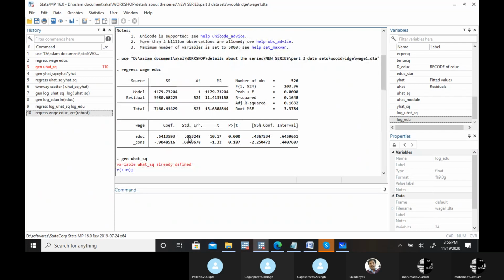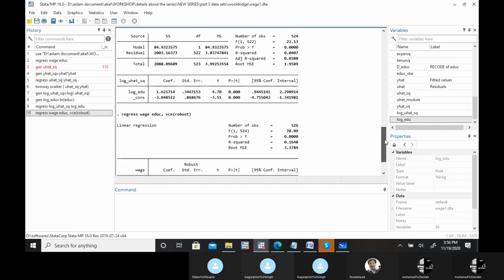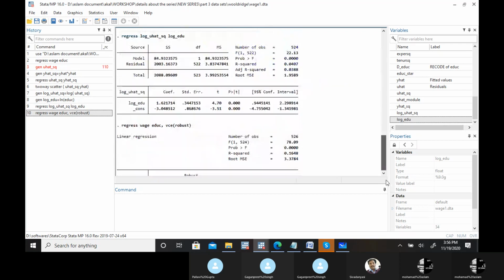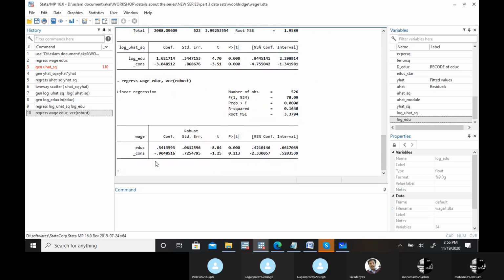Initially these are the coefficients and these are the standard errors, 0.05 and 0.68. Now it's more than that, 0.06 and 0.72. Although again it's significant, you might ask what this robust standard error is.